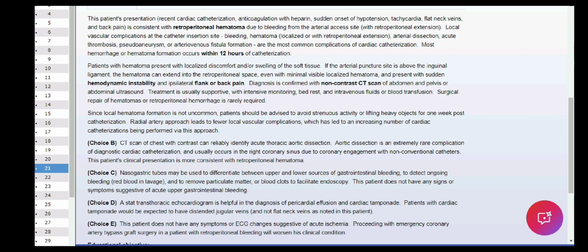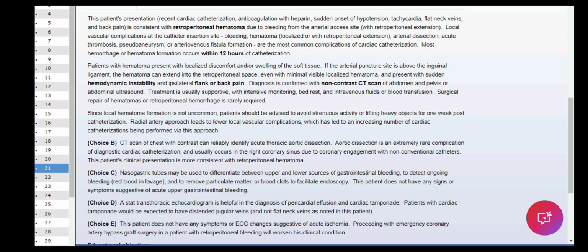Local vascular complications: bleeding, hematoma, arterial dissection, acute thrombosis, pseudoaneurysm are the most common complications of catheterization. All of that, please memorize them. Most hemorrhage or hematoma occurs within 12 hours of catheterization.